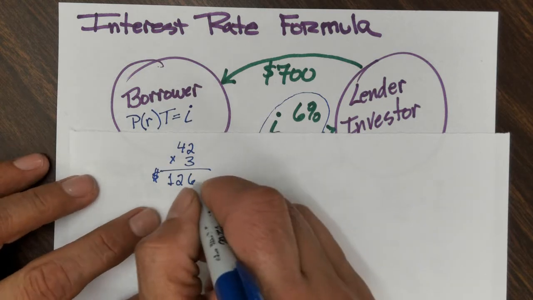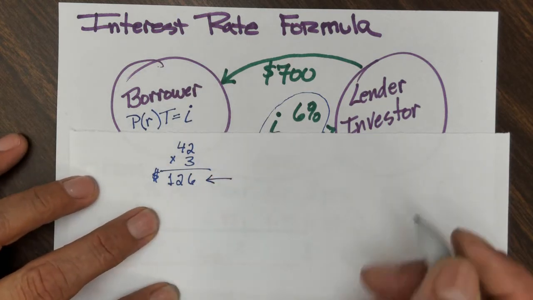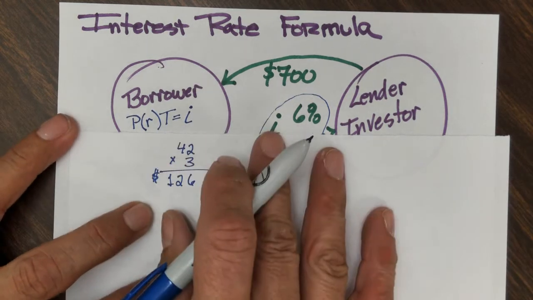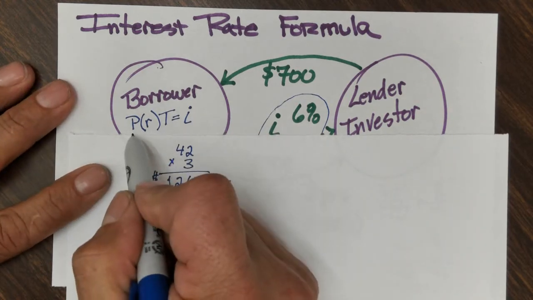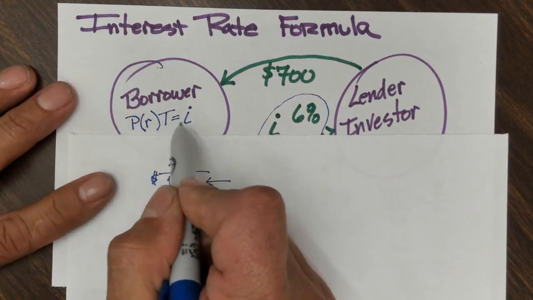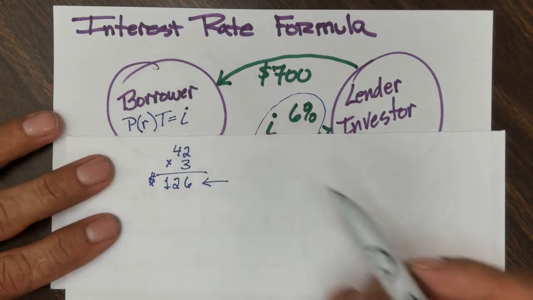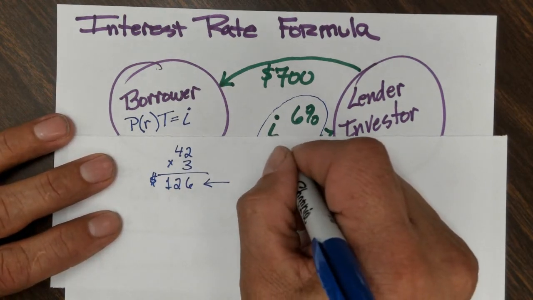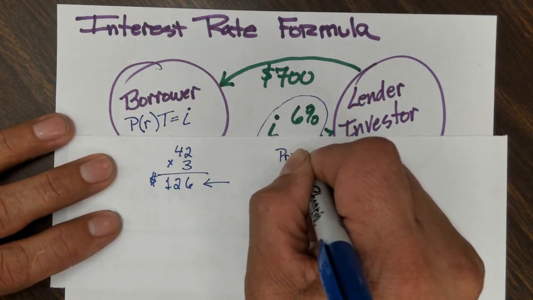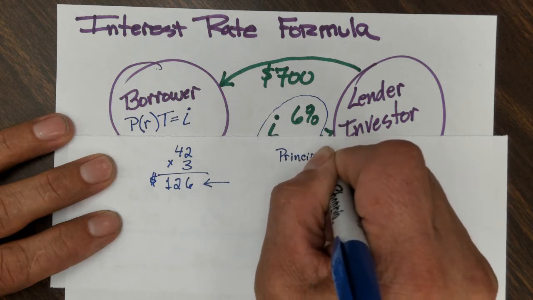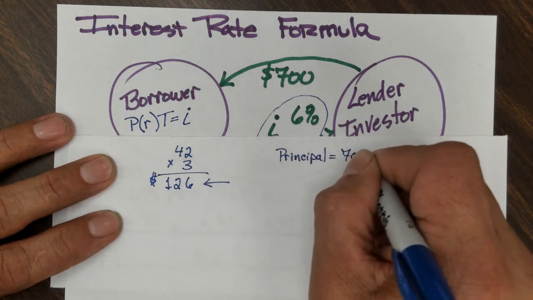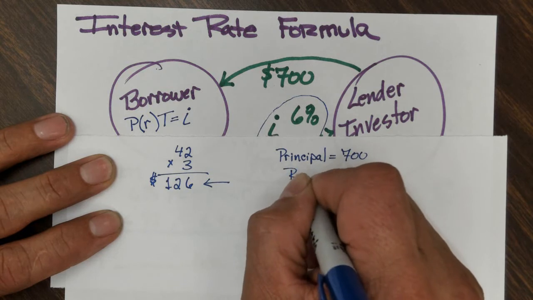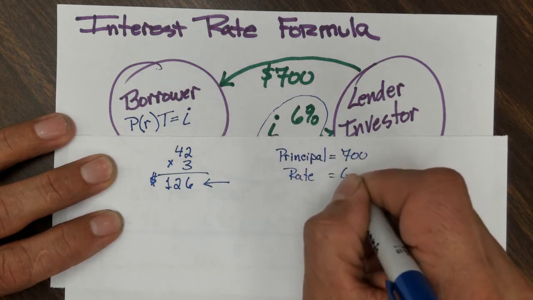Then, we can figure this out quicker by using our new formula right here. Principal times rate times time will give me the interest. What do we know? We know the principal is equal to $700. The rate is 6%.